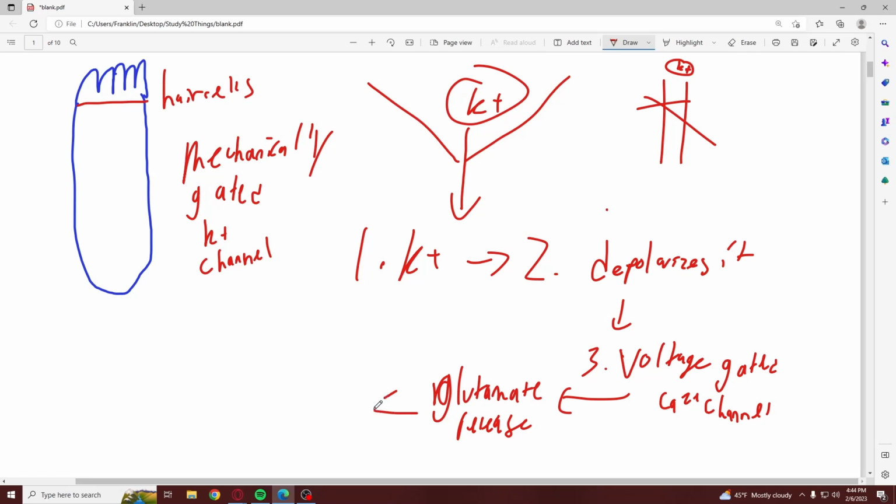Release, and then it sends an action potential to the brain, and then you sense hearing.